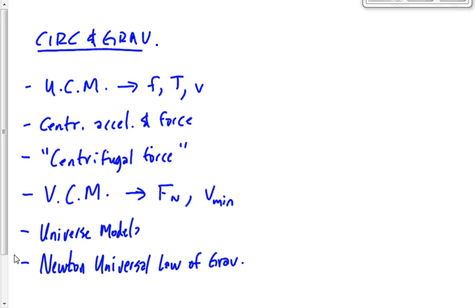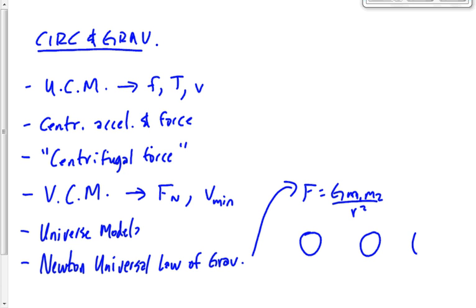And of course, that involves plain problems like F is equal to G m1 m2 over r squared. But it also involves things like: here's an object, here's an object, here's an object, each with a mass, object 1, object 2, object 3. What's the net force on object 1 due to object 2 and 3? So we've got the force between 2 objects, but also the force on one object due to 2 others.